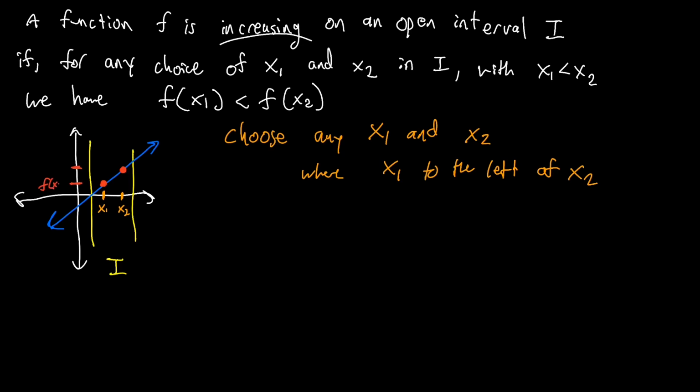f of x1 falls here, f of x2 falls here. So we chose our two x values, and f of x1 is lower on our graph than f of x2. And this kind of makes sense because, going from left to right, from x1 to x2, we want to be increasing, or going up, for our output values.